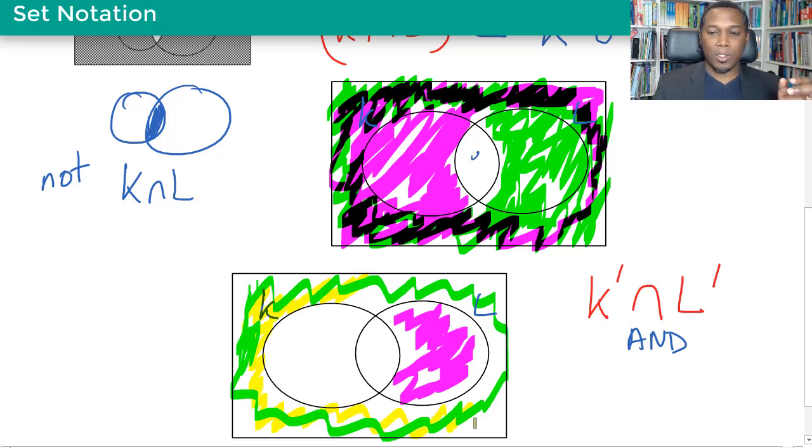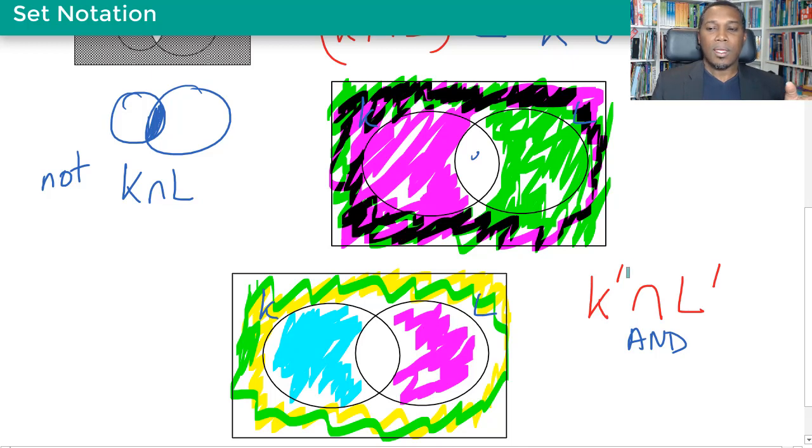All outside the two eggs is L prime. I'm putting it in yellow this time. Also, L prime includes this region, the bit that's in K but not in L. L prime, remember, the complement of L is everything that's not in the egg that represents L.